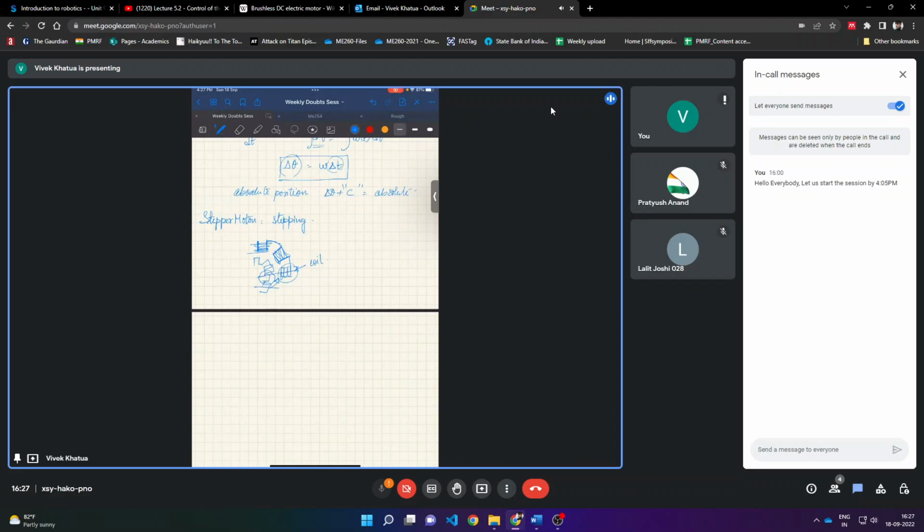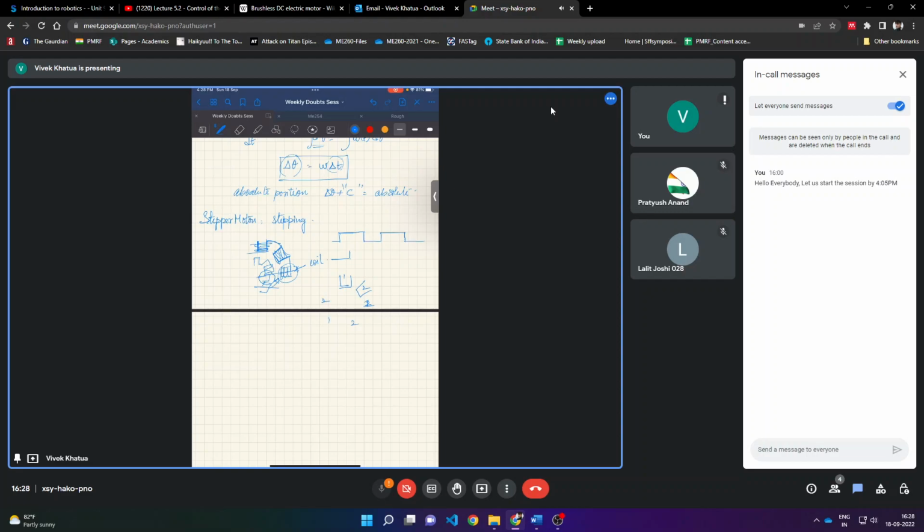Once it is aligned, we can give a stepping diagram that actuates multiple phases. You would have heard of a bipolar stepper motor. It has two phases, alternatingly arranged like this: one, two, one, two, something like this.